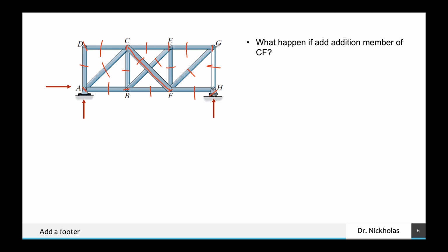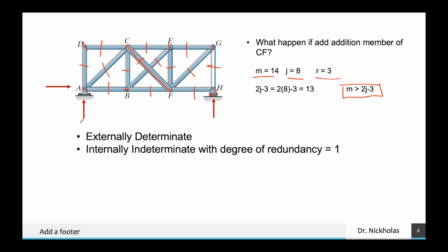So we have 14 members, 8 joints and still 3 reaction forces. By completing the equation, we found that the total number of members is greater than 2J minus 3. So we already know that the structure is externally determinate, but the structure is also internally indeterminate, with degree of redundancy equal to 1.